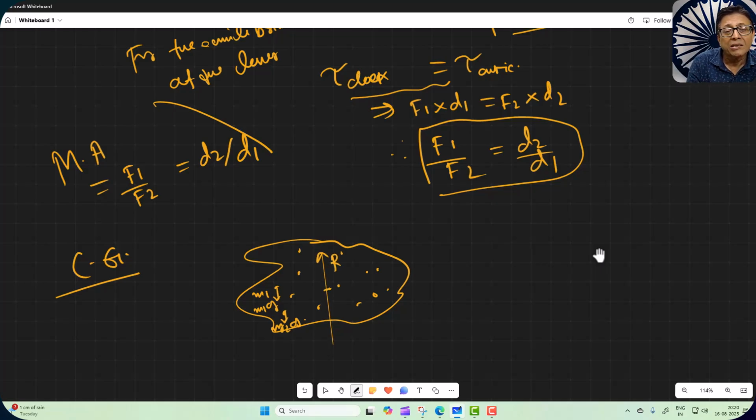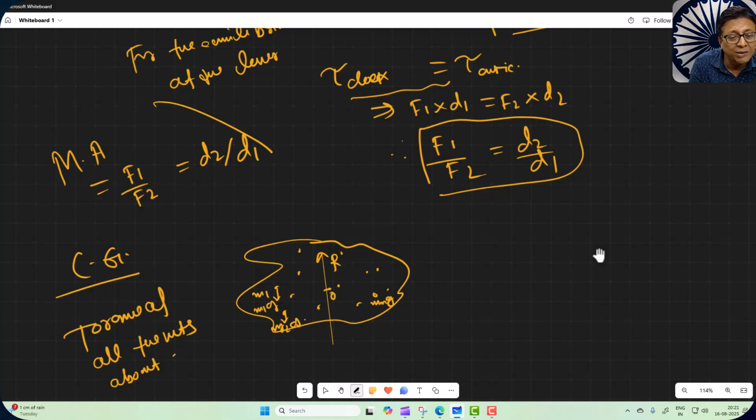Okay? The point O through which the weight will act is called center of gravity. And the torque of all the weights about O, where you have applied the force, must be 0.